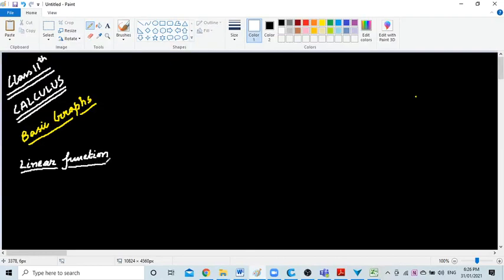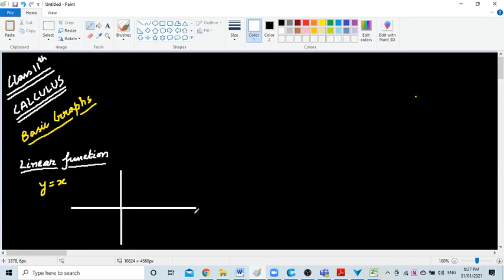Now the linear function, the concept over here is that we can represent this linear function as y equals x. Alright, so now let's see how we can draw the graph of this function. These are the x and y axes.